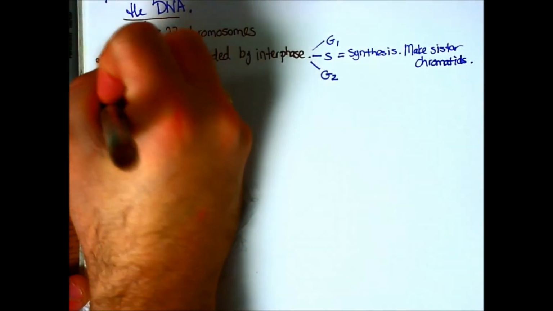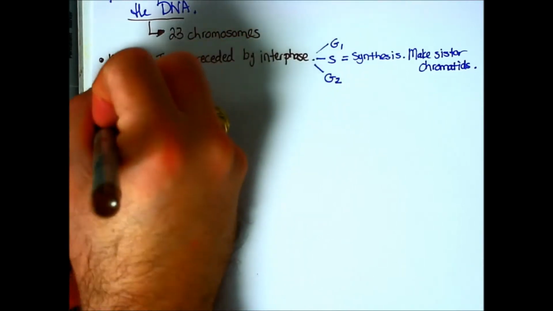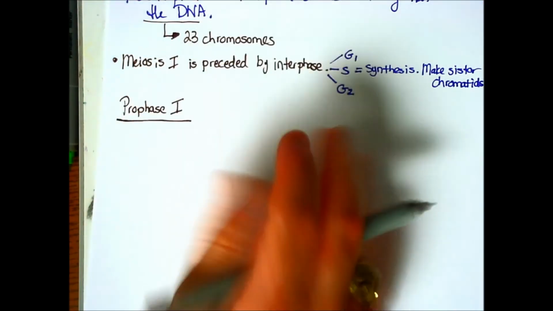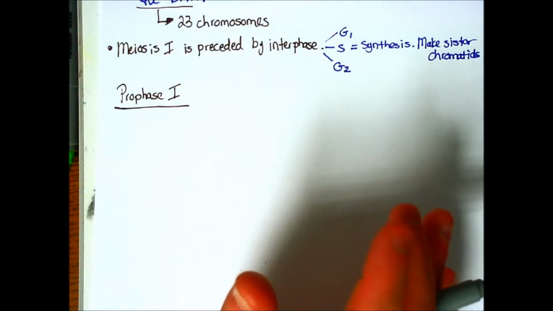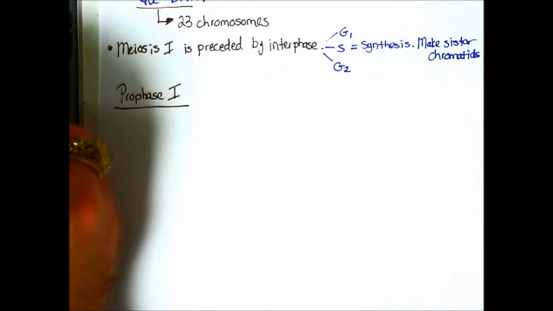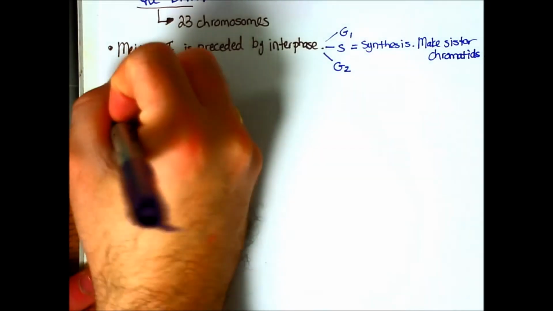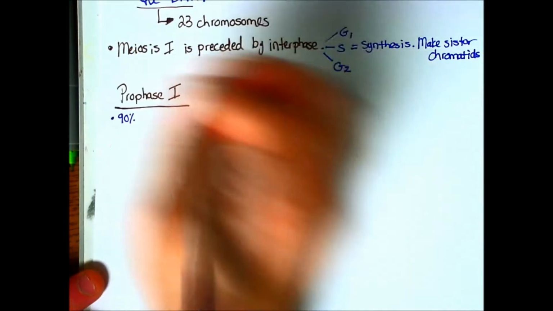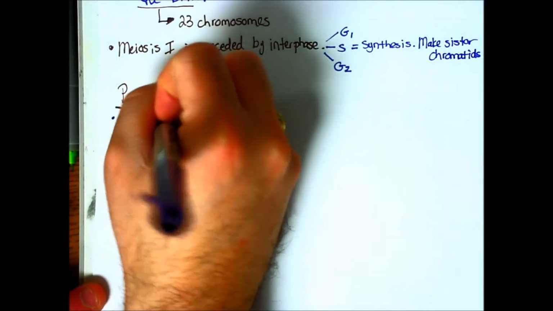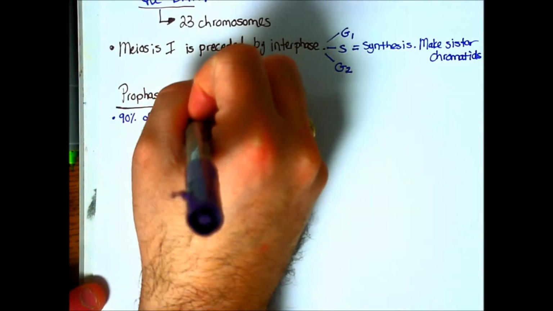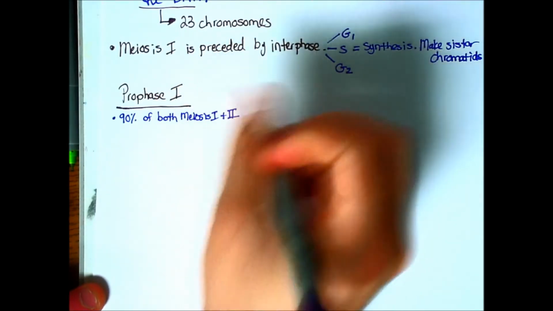And to start us off, let's talk about the most important event of meiosis 1 and the most important event of all of meiosis, which is the first prophase, or prophase 1, which of course is in meiosis 1, hence the one after it. Between both versions of meiosis 1 and 2, 90% of the time is what it takes to get through prophase 1. So prophase 1 is 90% of both meiosis 1 and 2.